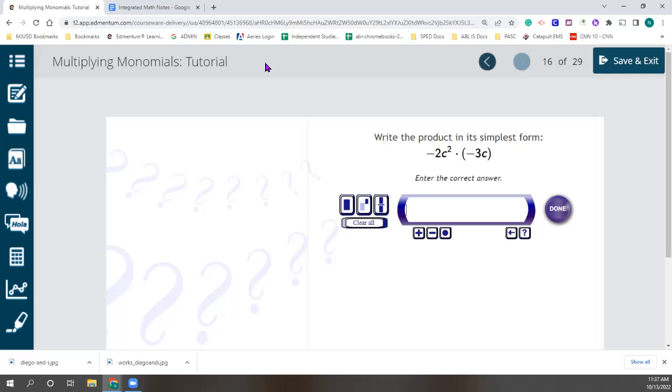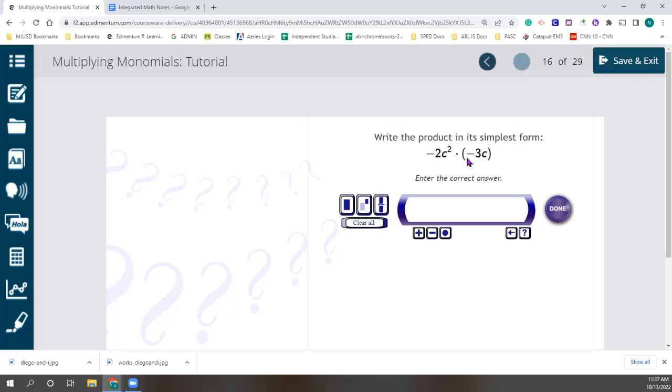Okay, so first, what was the direction? Combine or multiply the coefficients. So equals -2 multiplied by -3.